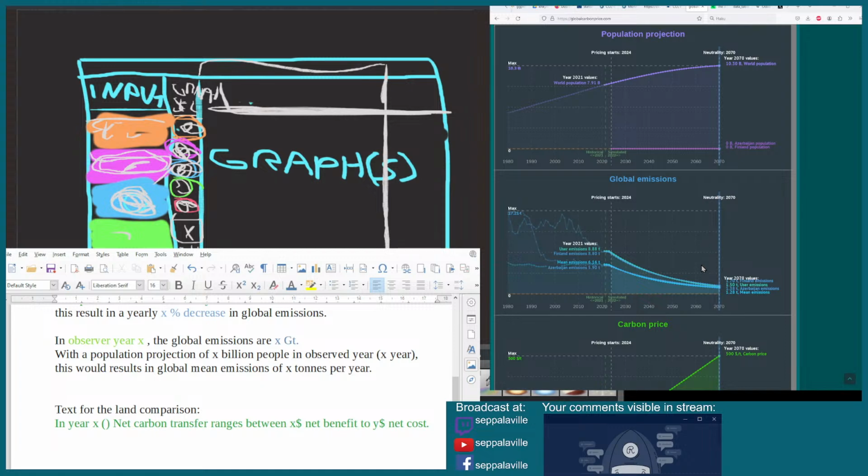But I think this could be like fair paths. They could be likely paths, but they could also be quite fair paths.